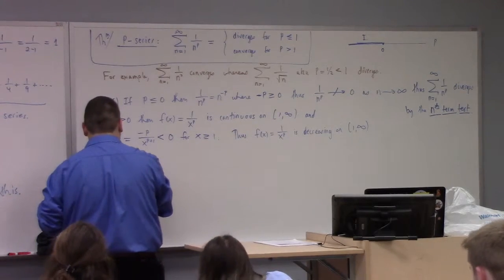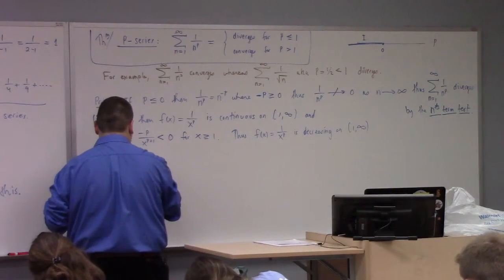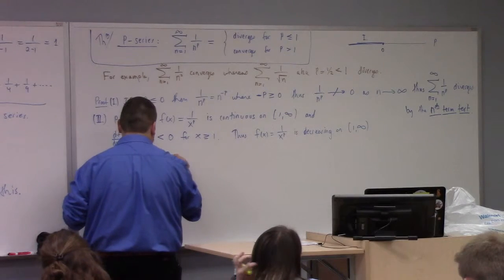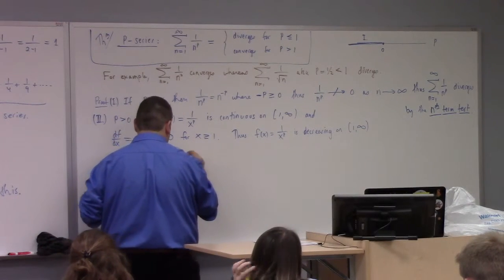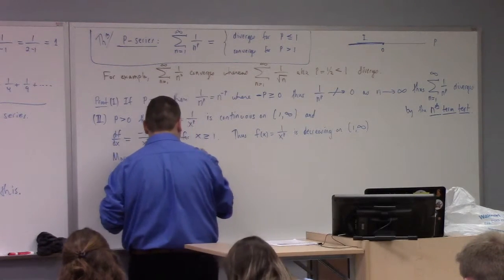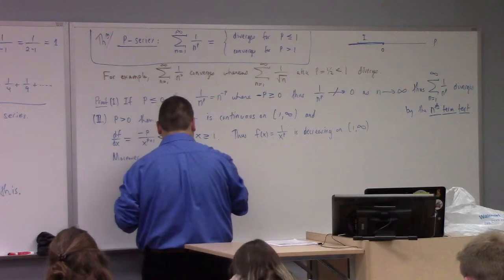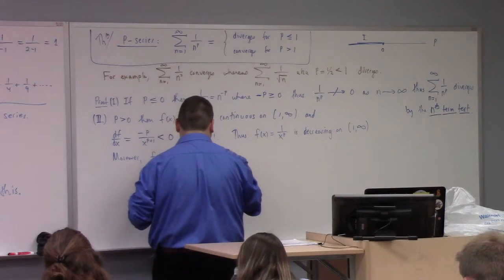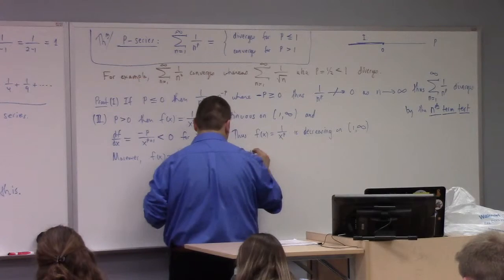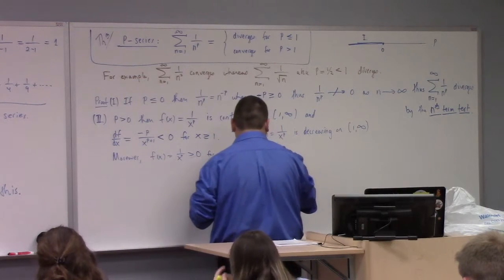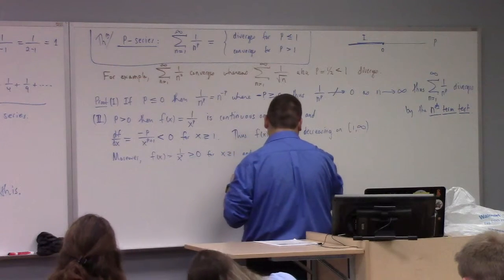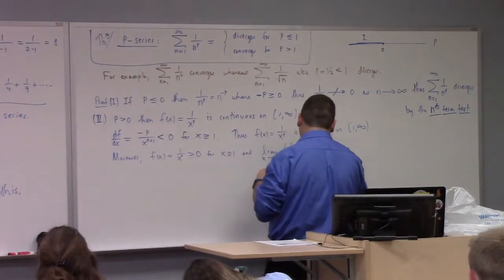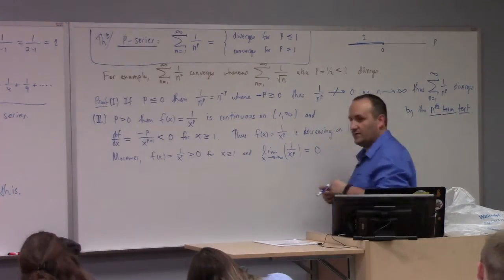Moreover, f of x equals 1 over x to the p is certainly greater than 0, right, for x greater than or equal to 1, and the limit as x goes to infinity of 1 over x to the p equals what? It's 0, right?